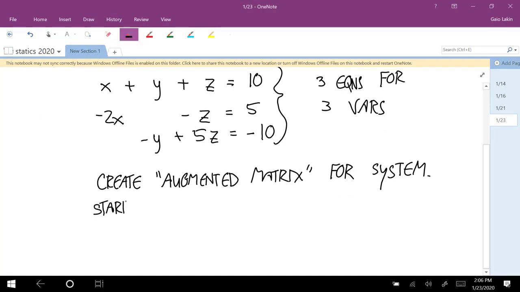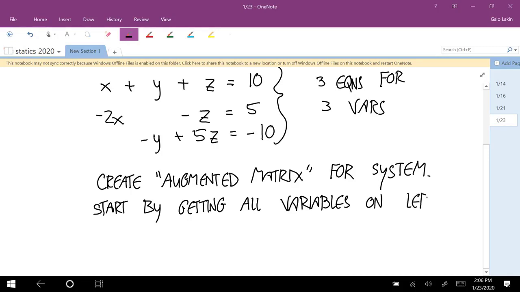So start by getting all variables on, let's say, the left side of equations, and all the constants alone on the right side.